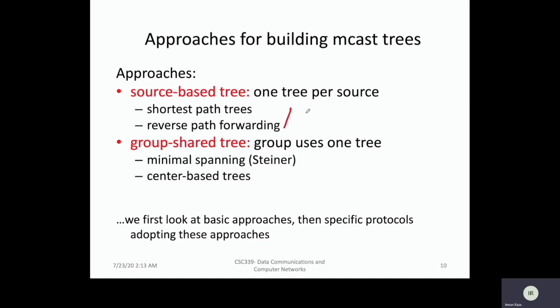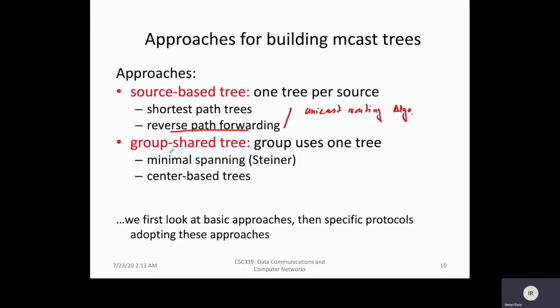So using any unicast routing algorithm, we'll try to find the shortest path back to the source using reverse path forwarding, and we'll try to come up with a minimum spanning tree, having the least cost to reach all the multicast group members, right?